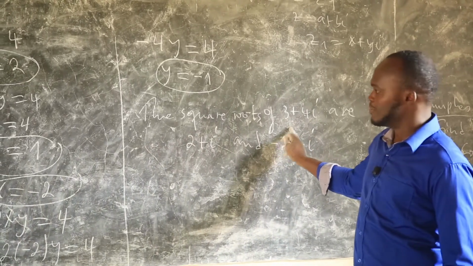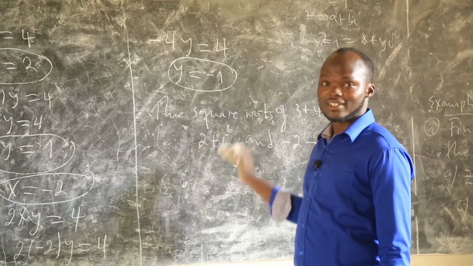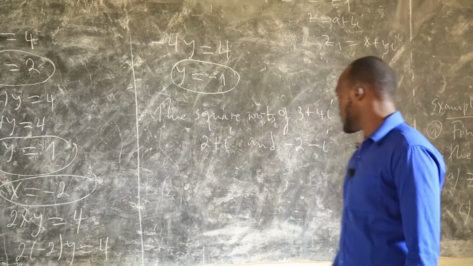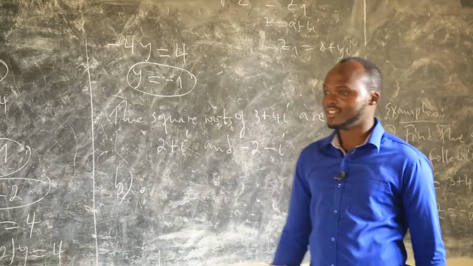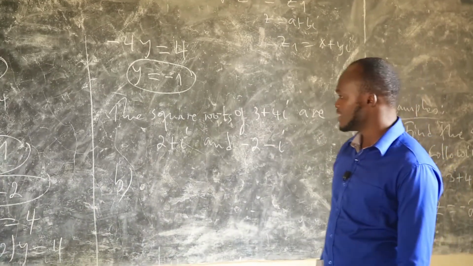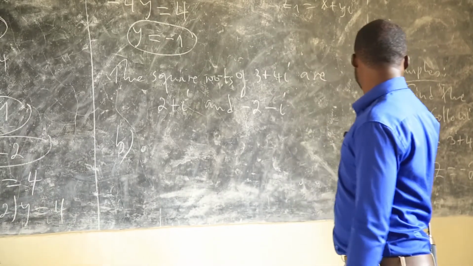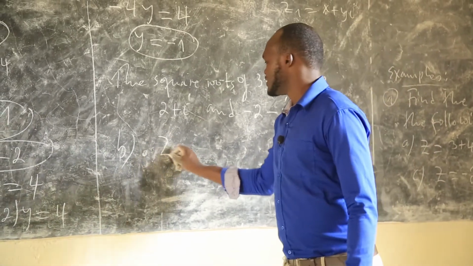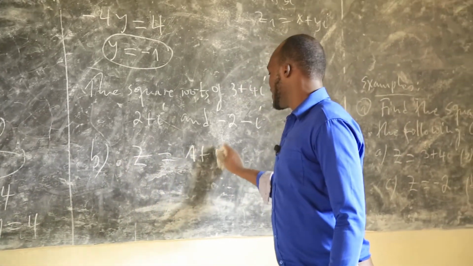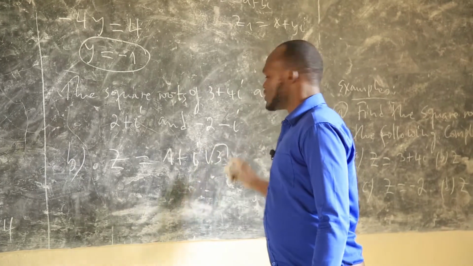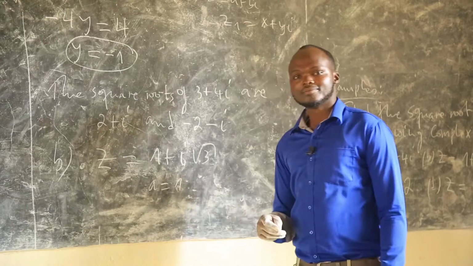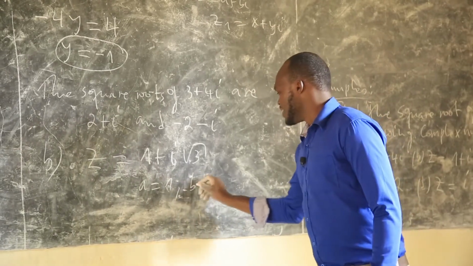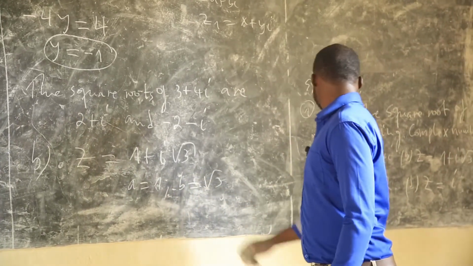Yeah. Let us try another one so that you can understand very well. So we have b. Let us try number b so that it can help you to understand very well. b, we have z equal to 1 plus i root 3. So what does it mean? It means that our a is 1, our b is root 3.